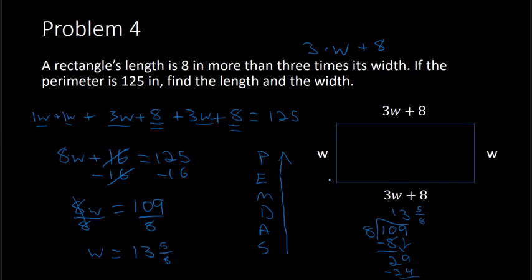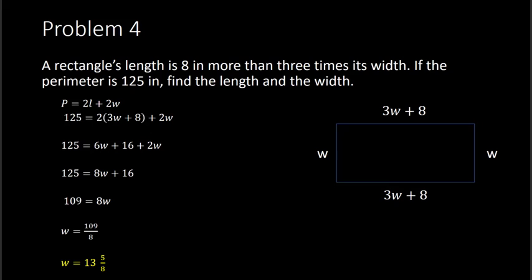And then the length, we can find the length by plugging 13 and 5/8 in for W. So this one, you have 3 times 13 and 5/8. You could just use a calculator if you want, so that might be a little easier for this one.